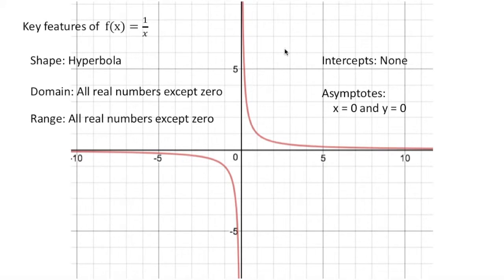So there's going to be no intercepts. It gets closer and closer to the x-axis here and here, and to the y-axis here and here, but never crosses. So those are the key features of y equals 1 on x. In the next few minutes, I'll show you some related functions and see how they have very similar features.